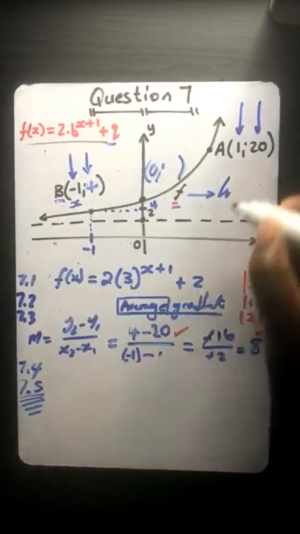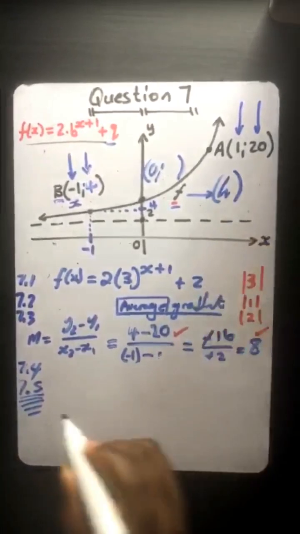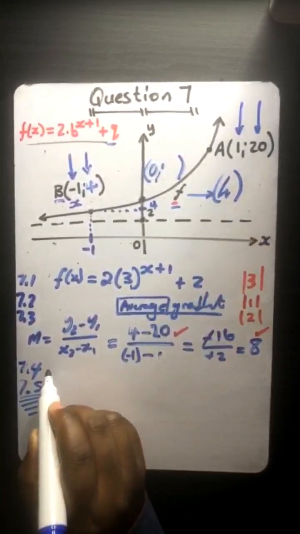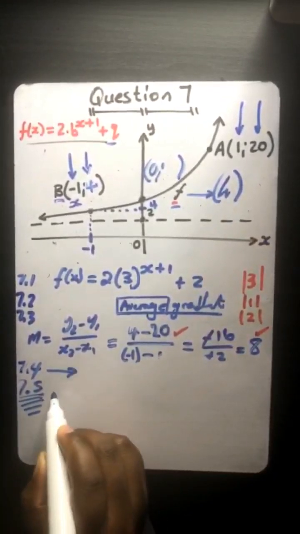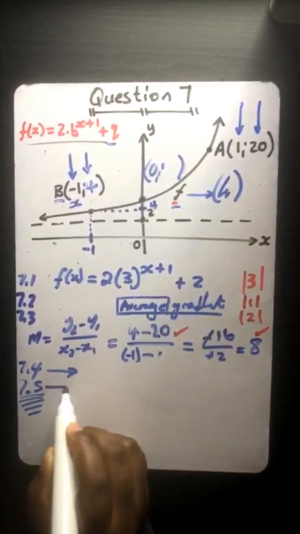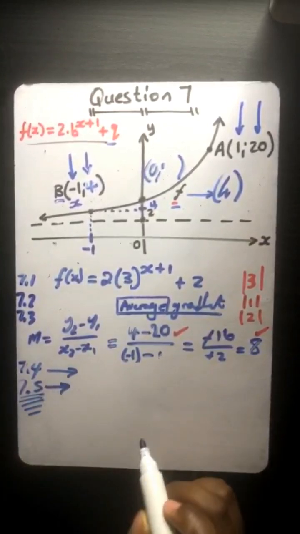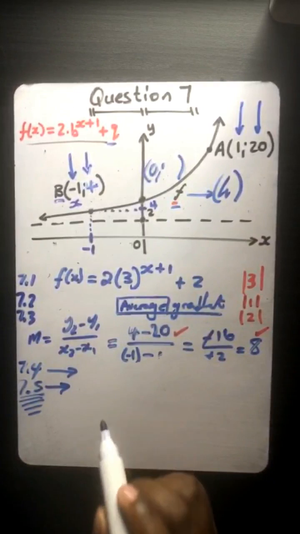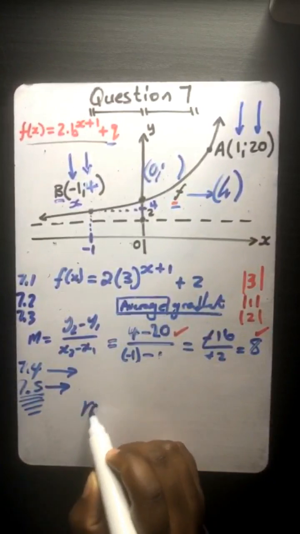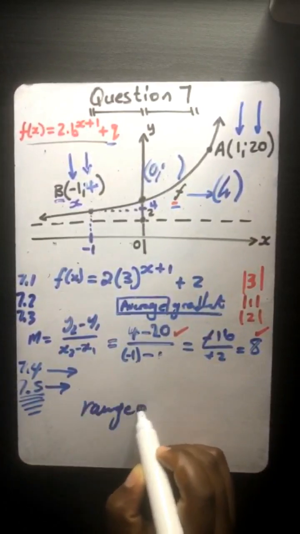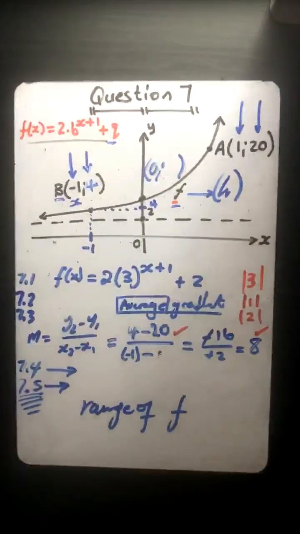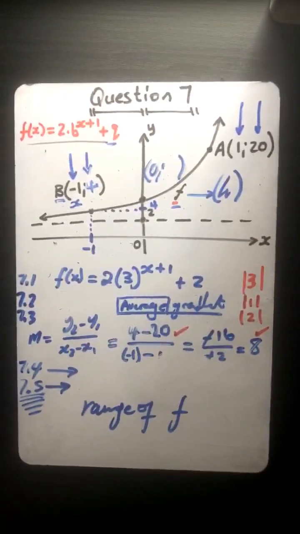Because you are still thinking about 7.4, you will also answer this question, but for now I'm going to say write down the range of f. What will be the range of f?